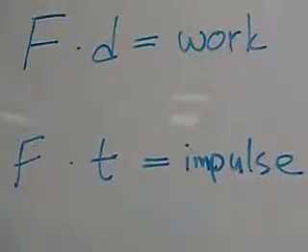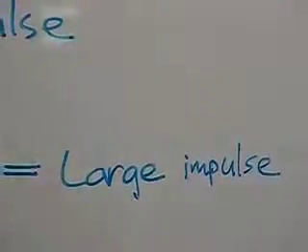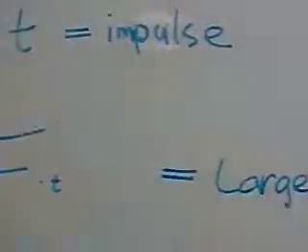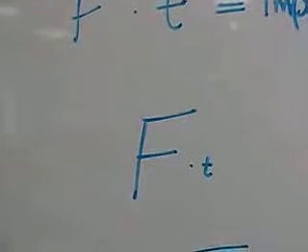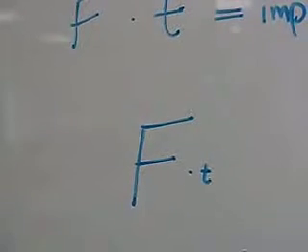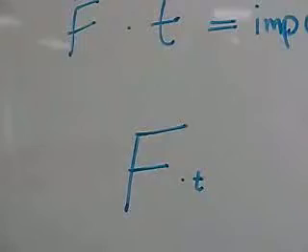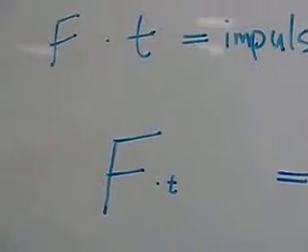Now, if I want to give an object a large impulse, this can be accomplished in two different ways. In one, we could act on the object with a large force over just a small period of time. With a sufficiently large amount of force, the amount of time for which the force is in action could be very small, and the impulse on the object could still be very large.